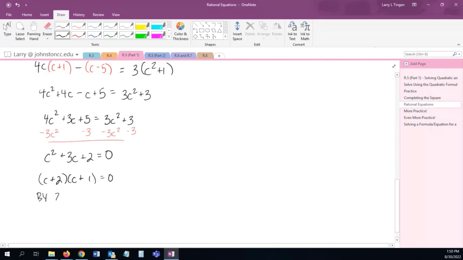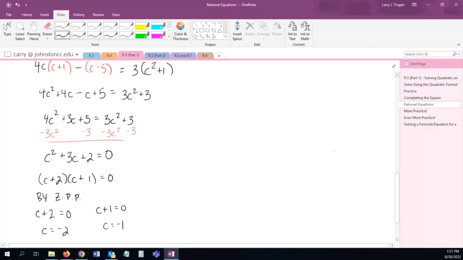And look at that. All that work to get us to the zero product principle, two things multiply to 0. So one of them is 0. And what is it? Well, it's either negative 2 or negative 1.